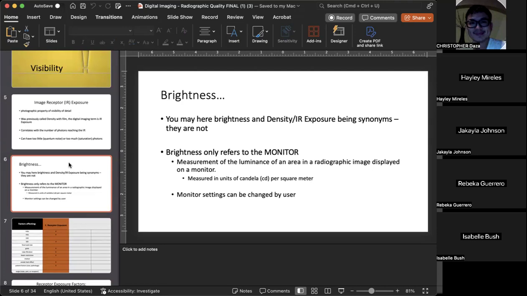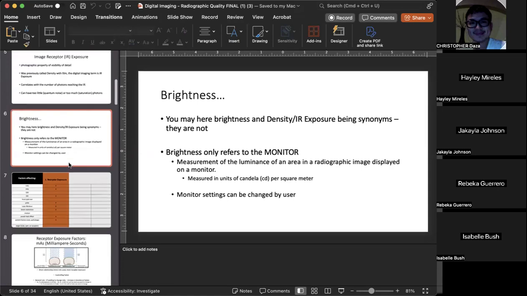But just because it's getting brighter doesn't mean we're changing how much X-ray was on the image receptor. Image receptor exposure is referring to how much X-ray is going to be at the detector. Simple as that. Brightness is what we can edit on the computer screen. Just like how you can adjust your brightness on your smartphone, it's the same way we can adjust the brightness of our images, but it's a monitor function, not what happens at the detector.